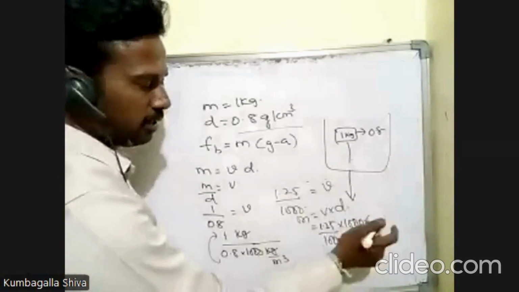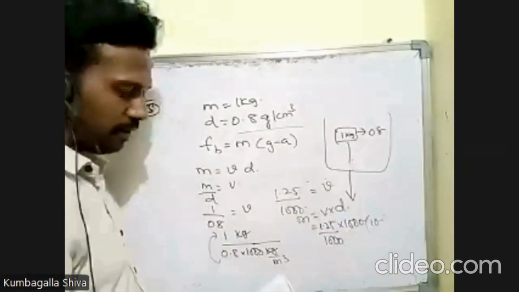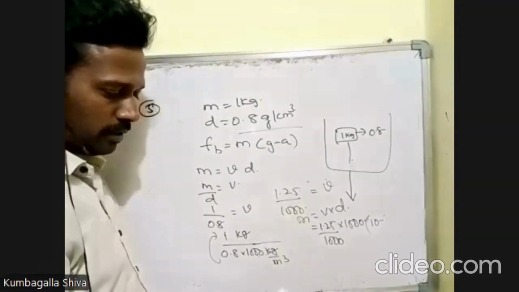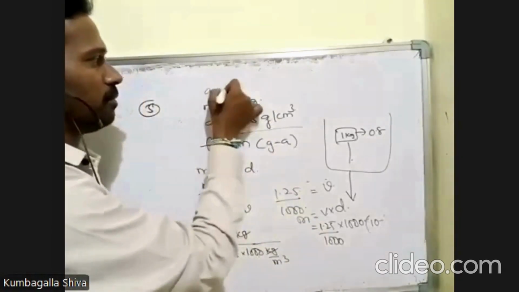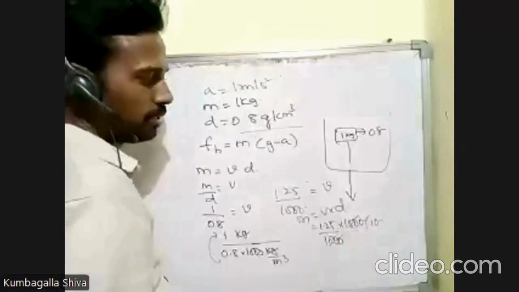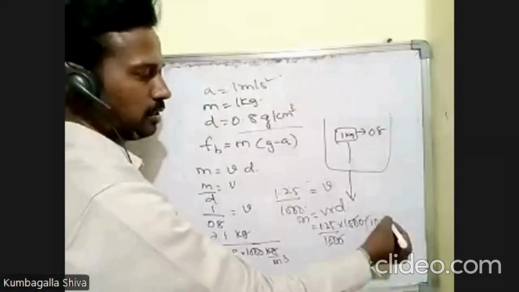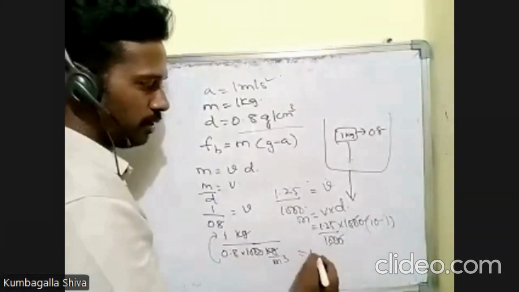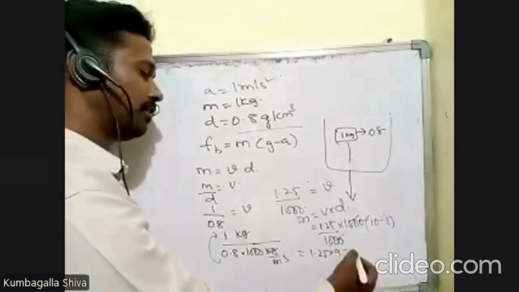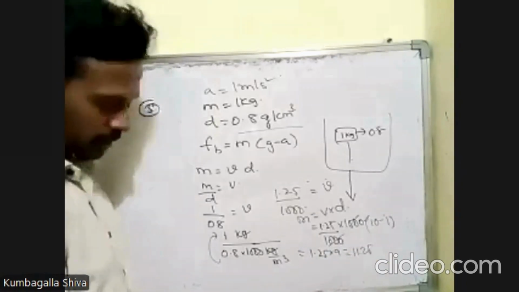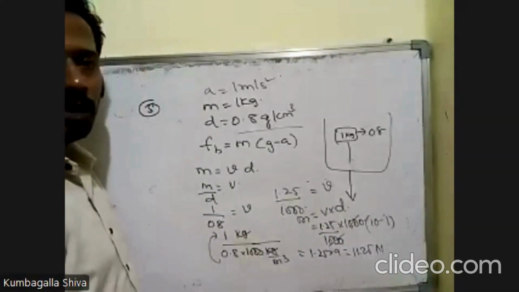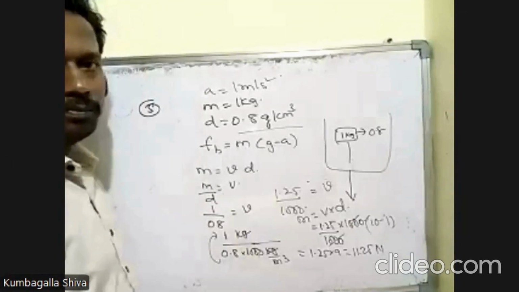They said 10. Acceleration in the given problem, they said 1 meter per second square, right? 10 minus 1, 1000 gets cancelled. How much are you getting? 1.25 into 9. That is 11.25. That is the answer, 11.25 Newton. Because all I have converted into kilogram per meter cube, you'll get it in terms of Newtons only.